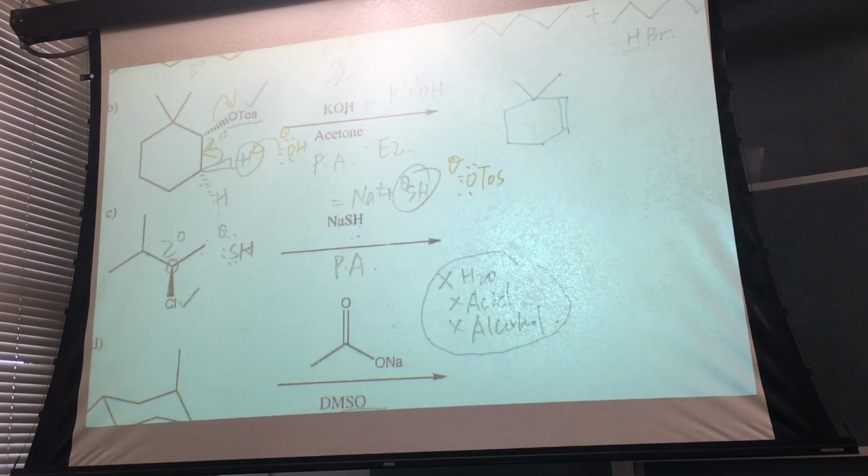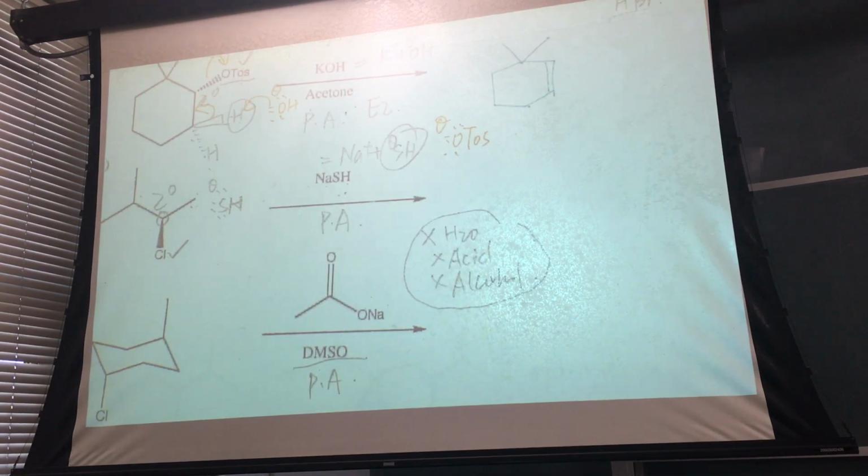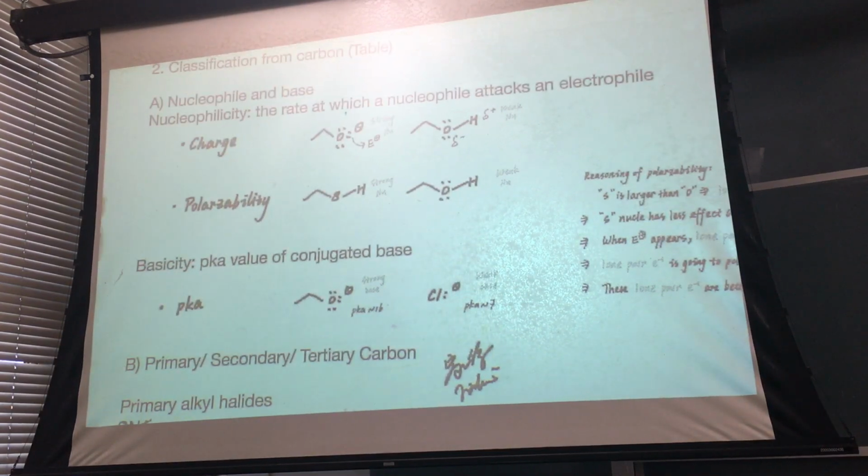For the solvent part, did I make this one clear? Question? I think it's a good idea to memorize the list of the nucleophiles and the bases, if you cannot compare by your own. What usually students do is go through what I told you last time. That's why I put nucleophile and base here. You should be able to compare whether this is a good nucleophile or a good base, but I assume you don't have that skill yet.